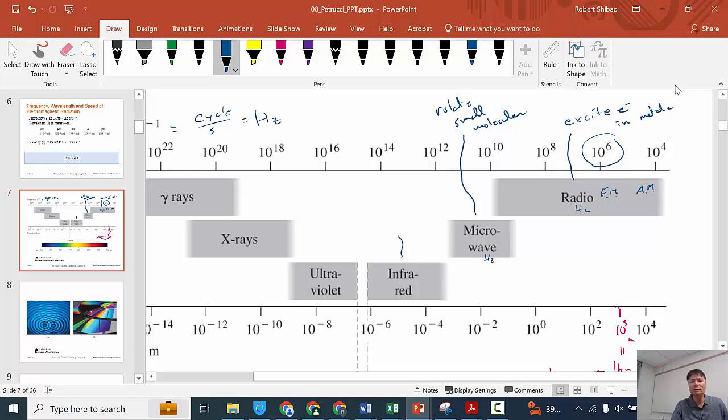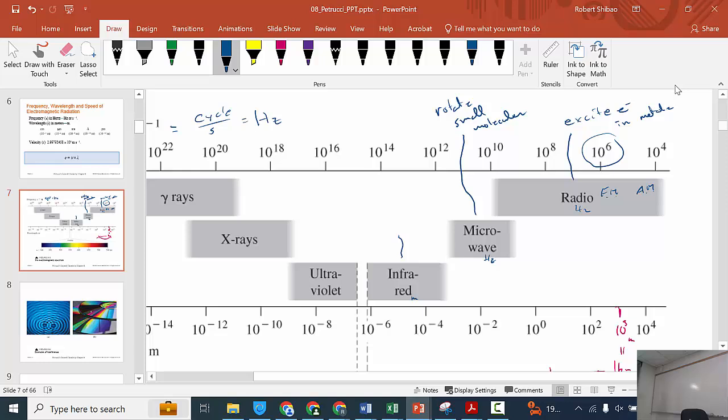With infrared, we're going to start looking at meters, how long the wavelength is. 10 to the minus 3 is how many meters? 10 to the minus 2 is a centimeter. 10 to the minus 3 is a millimeter. Typically when we talk about infrared, infrared spectroscopists talk about microns. A micron is a micrometer.